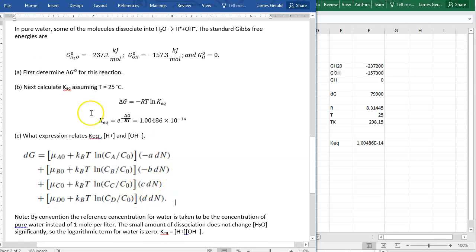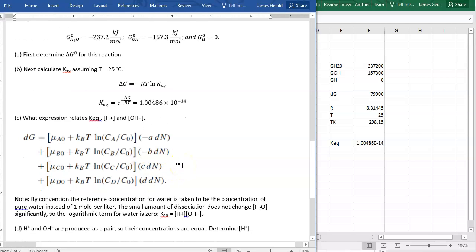If you look on page 71 at the equation from which this comes, you'll see these are your solvents, and this is your solute. The concentration of water is going to be almost the same. This little bit of dissociation is not going to change that much, and so this term isn't there at all.